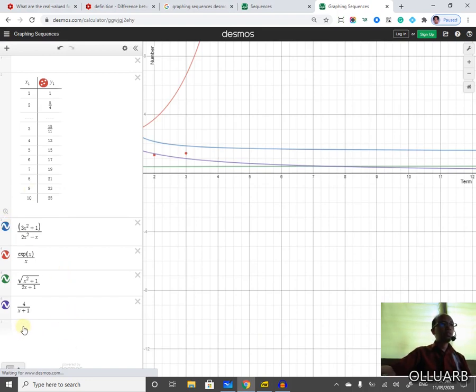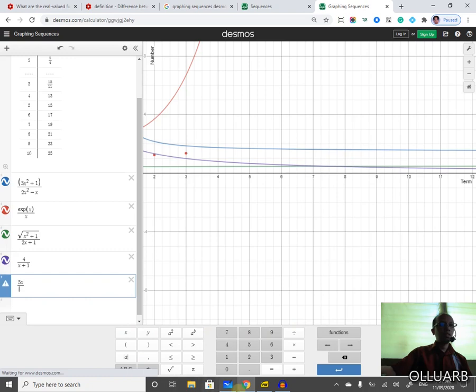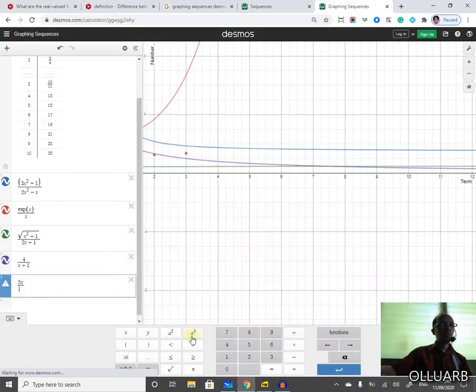Let's try to graph this. 5x divided by 3x plus 2. Okay.